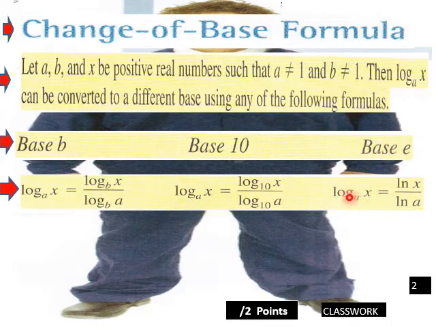And then base e would be log base a of x equals natural log x over natural log a. So basically it's like taking the log of your furthest term over the log of your closest term. It's kind of one way of thinking about that.